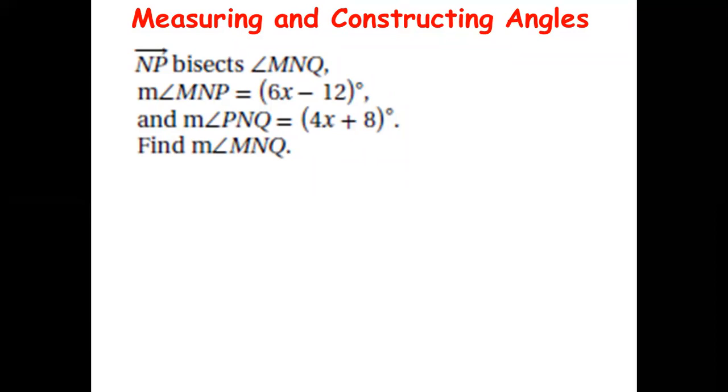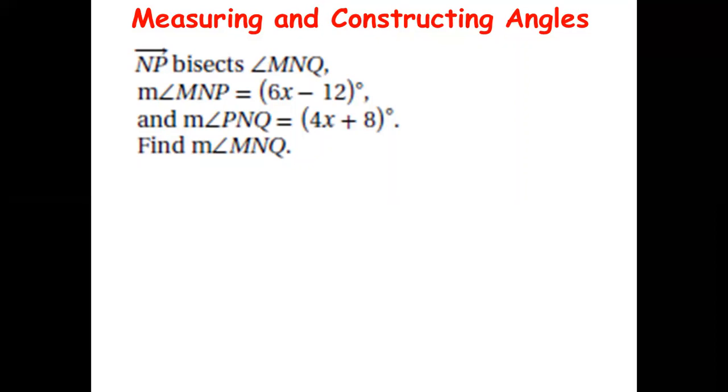Angle MNP is 6x minus 12, and angle PNQ is 4x plus 8. You have to find the measure of angle MNQ, right? So if you have not understood the question, pause the video here, read the question by yourself again, and then you can resume playing, because when you read the question 2-3 times, you will definitely understand the question.